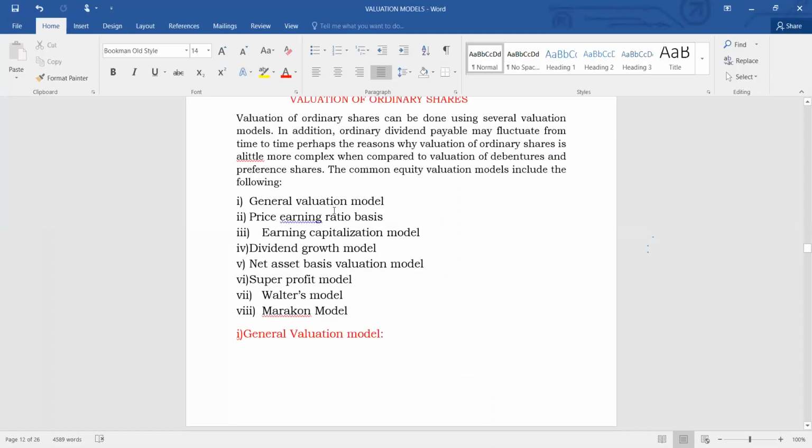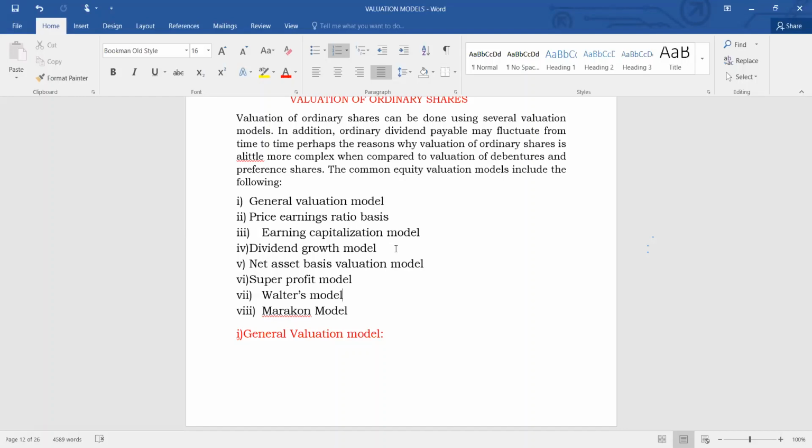Now, we have quite a number of formulas and models which are used to value ordinary shares. You can see here, we have the general model, the price earning ratio basis, the earnings capitalization model, the dividend growth model, the net asset basis, super profits, the Walters model, the Marakon model, and so forth.